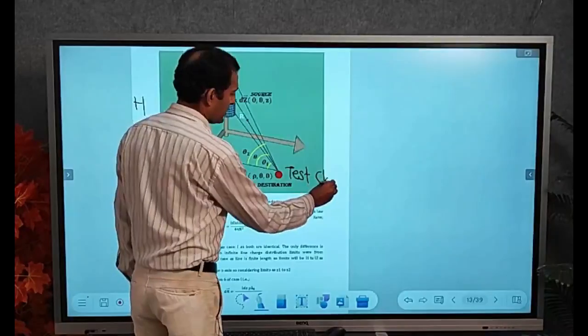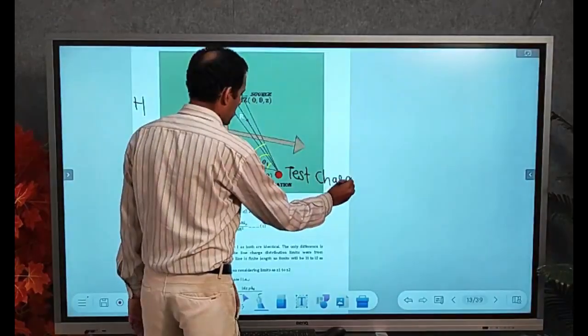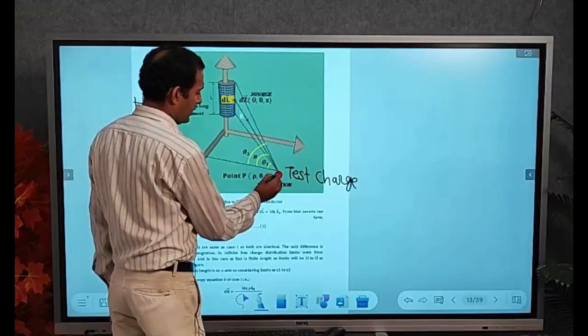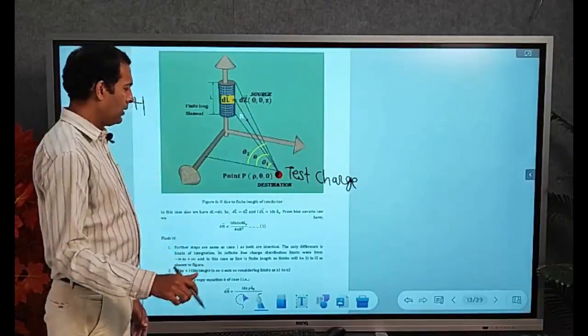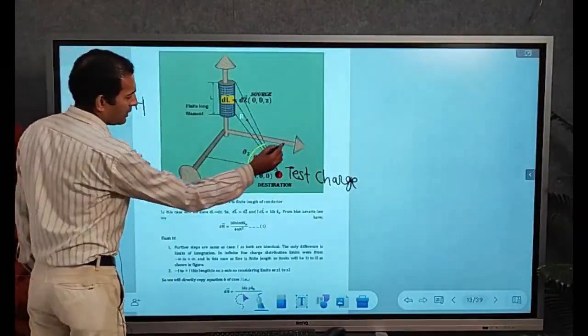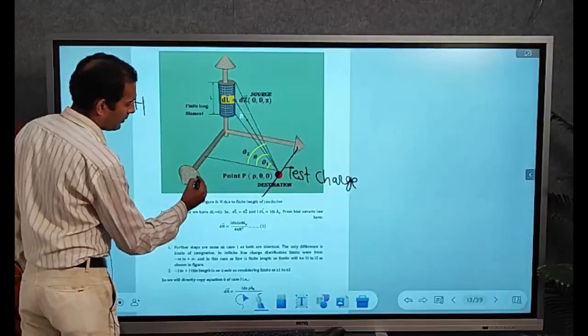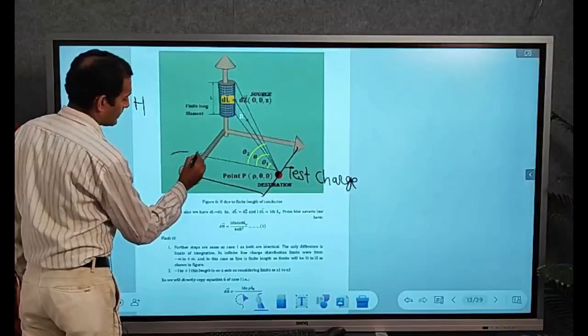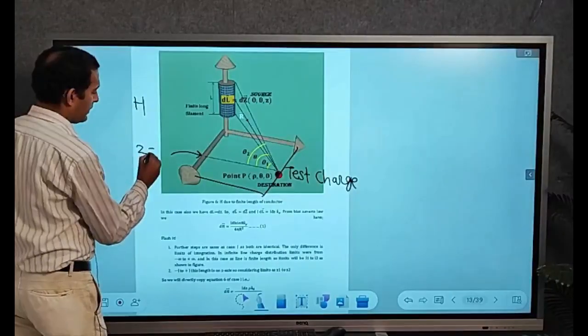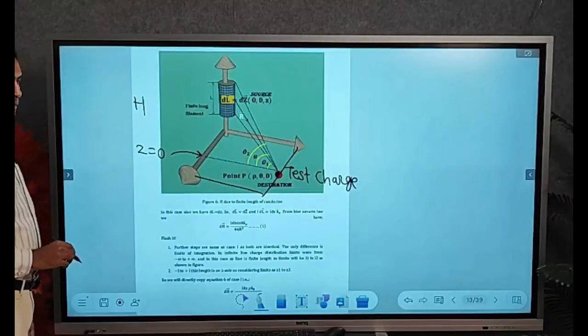So this is our test charge. This test charge is present on the floor, the place, this plane. On this plane, the values of Z are 0.